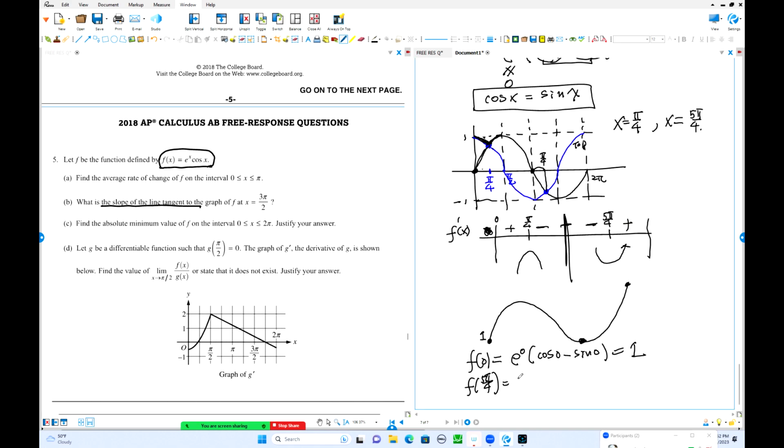So e to the 5 pi over 4, cosine 5 pi over 4 minus sine 5 pi over 4. Cosine 5 pi over 4 is how much here? It is 1 over square root 2 in magnitude, and this one is negative 1 over square root 2.